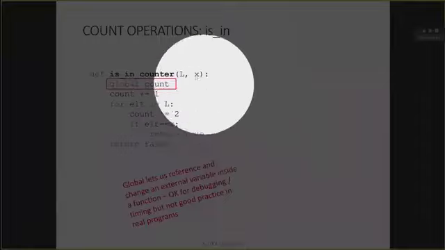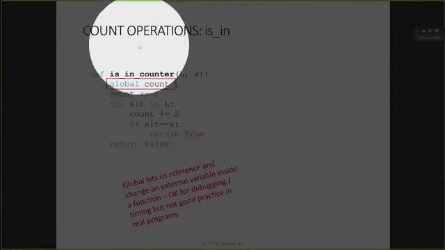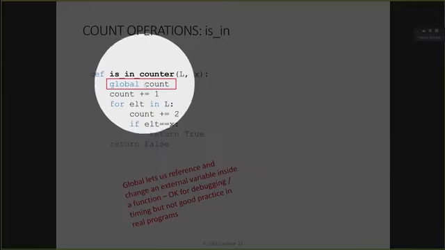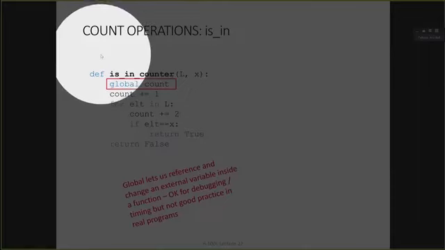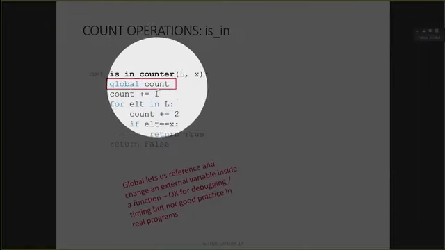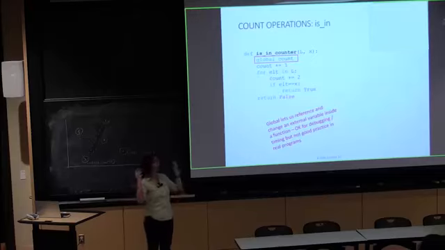If we defined count out here, right, before this function definition, count equals 0 or whatever, inside of any function, we can say, hey, Python, I would like to access this variable that I defined outside of this function.